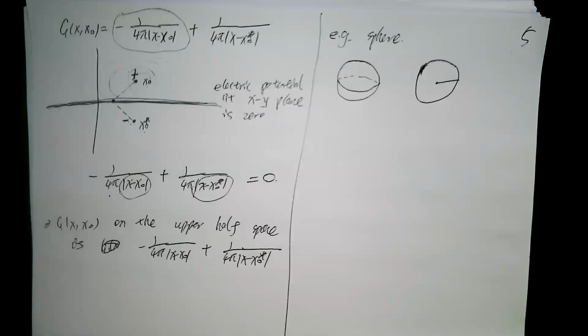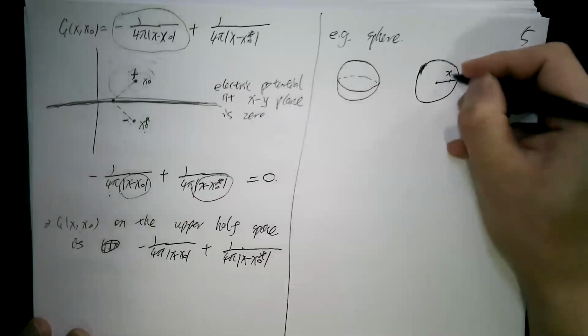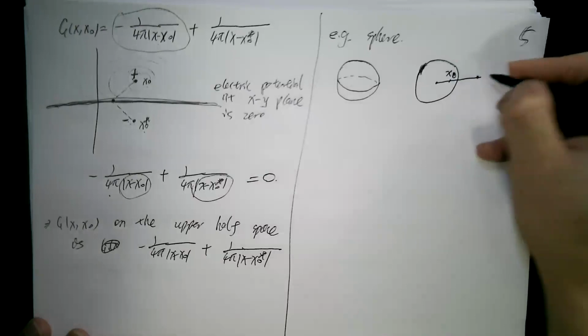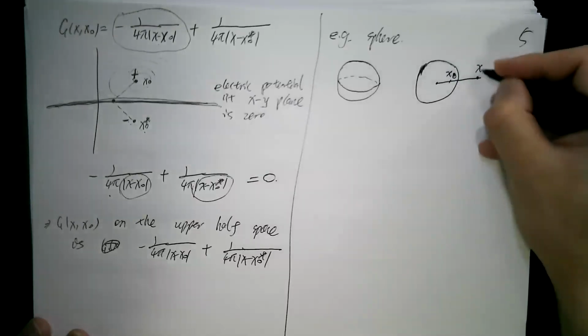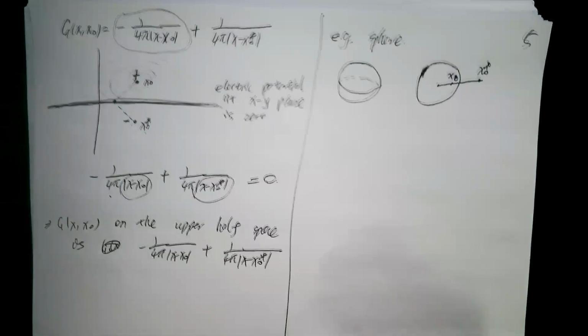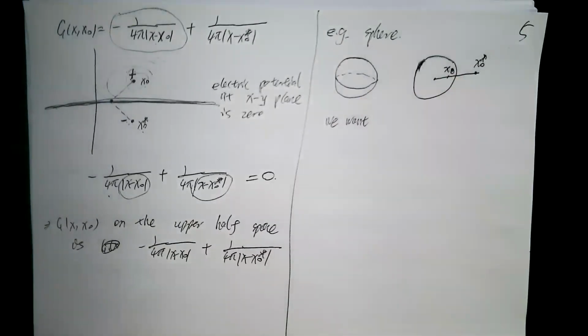A very similar definition of the reflected point of a point, say x0. You will have a reflected point at x0 star. This will be somehow different, but the effect is the same.